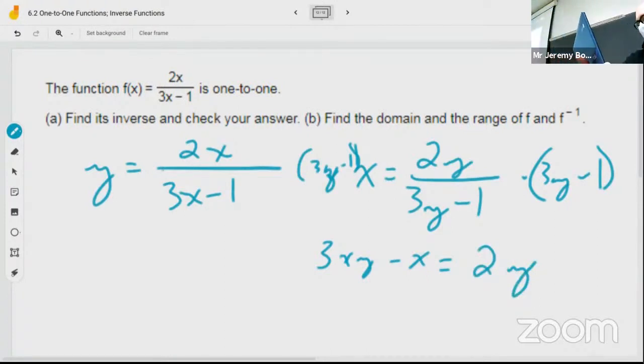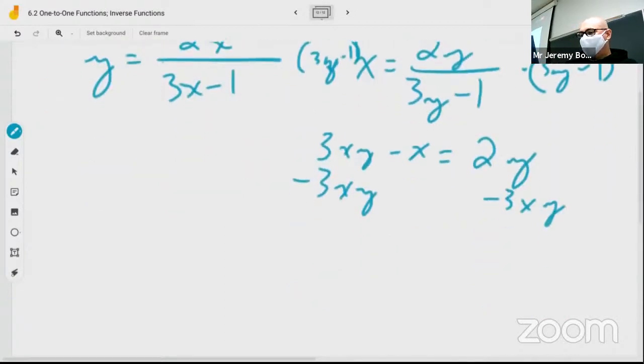And so what I'm looking at is this term has a y, this term does not, this term has a y. So I want to get all my y's on one side. There's a few ways to do it, but probably the easiest way, I'm going to subtract 3xy from both sides. And so we end up with negative x is equal to 2y minus 3xy.